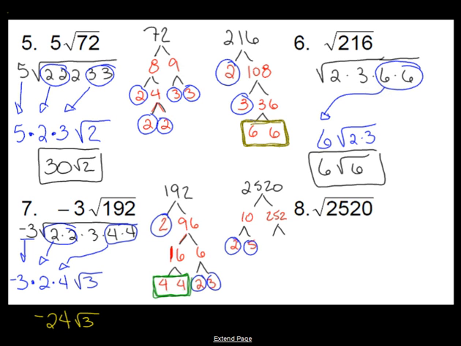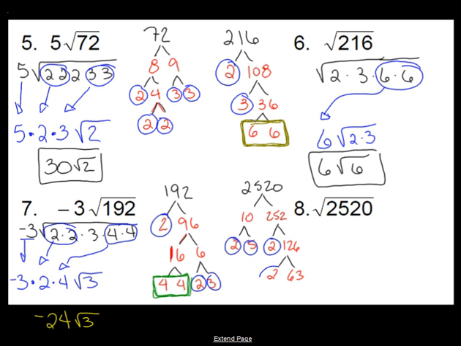This one over here, let's see, this is going to be 2 times 126. That's going to be a prime number. 126, not prime. No pairs yet, either. This one's going to be 2 times 63.